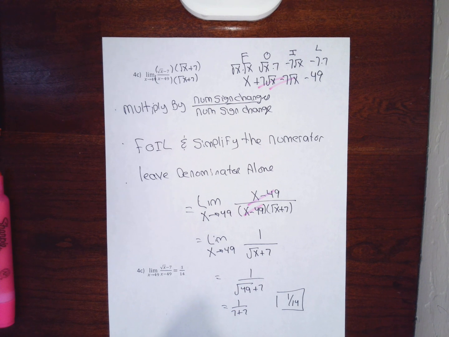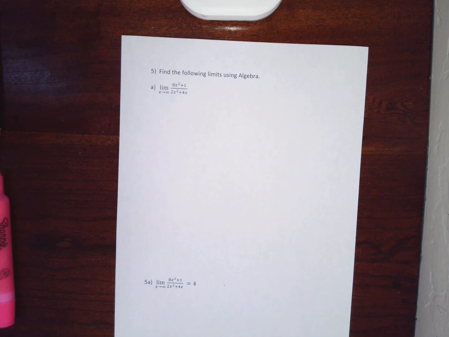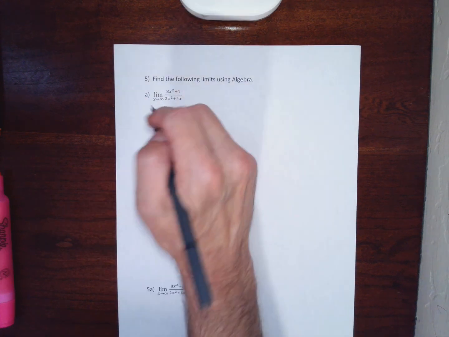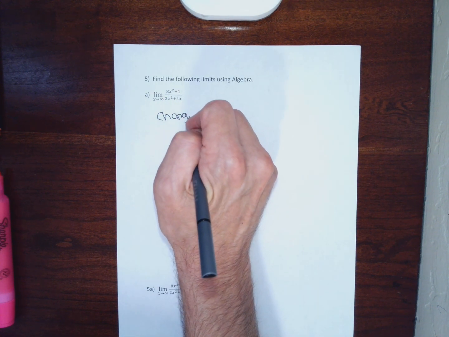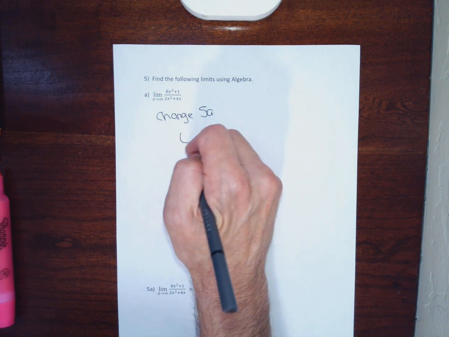I'm going to change 5a because I know what I always put on the test, and 5a is more complicated than what I put on the test. And sometimes when I put an easier problem, then the students mess it up. So let me change 5a to something easier, to something more like you'll see on the test.